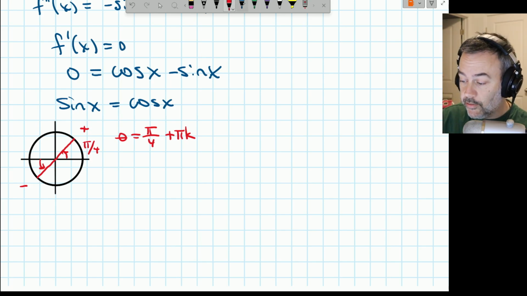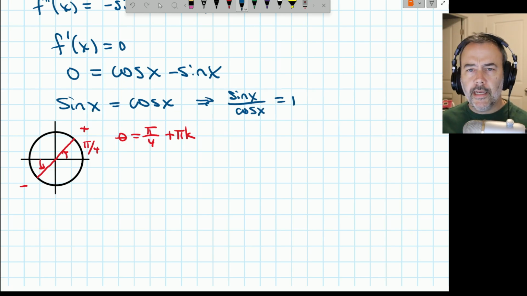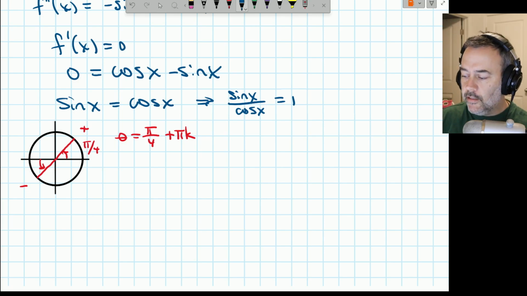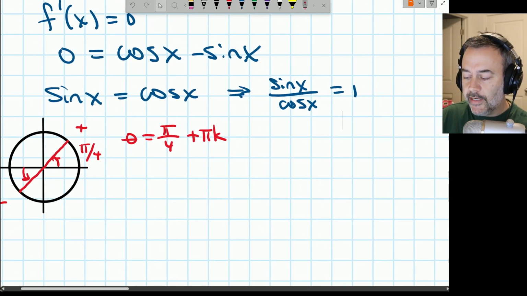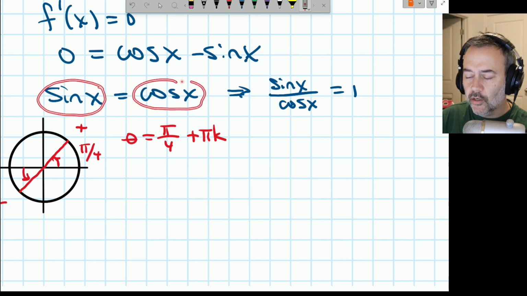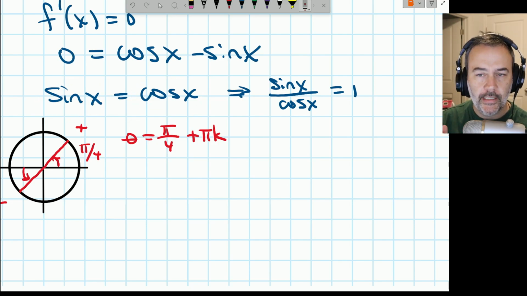There is another way to do this. I could divide both sides by cosine. You always want to be careful when you divide by a variable expression because you could be dividing by 0. But notice sine of x and cosine x don't have zeros at the same values.